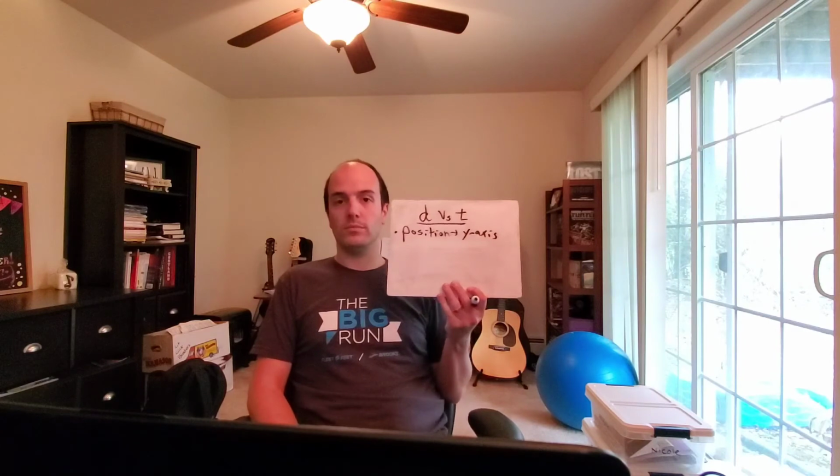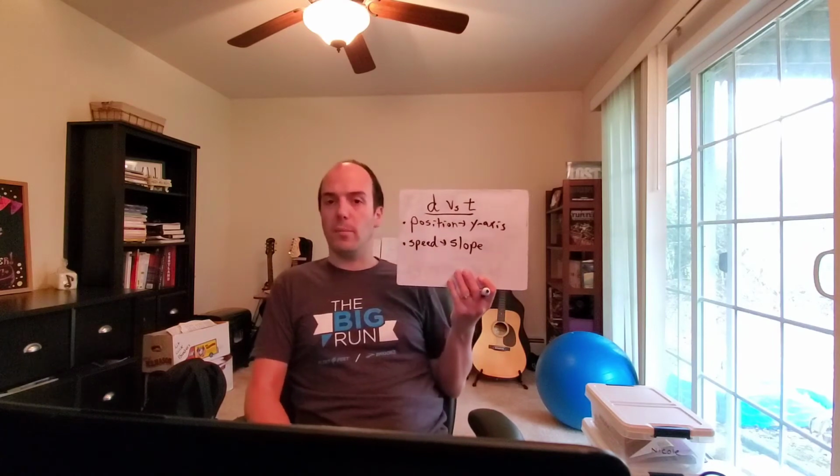Now, I'm going to write down some basic rules here. So for displacement versus time graphs, so just D versus T. What I'm going to do is write down on the board and then show it to you the different things you can calculate and how to calculate them. So for displacement or distance versus time, if you want to know position, you just read that from the y-axis. Okay?